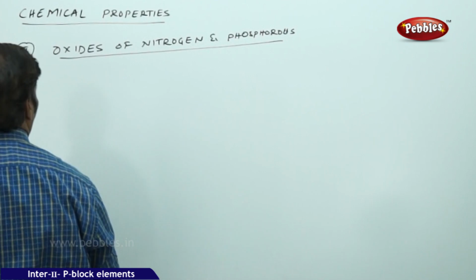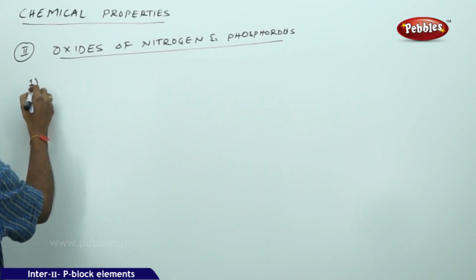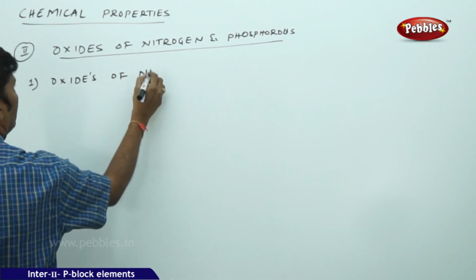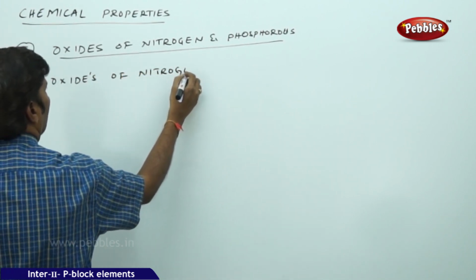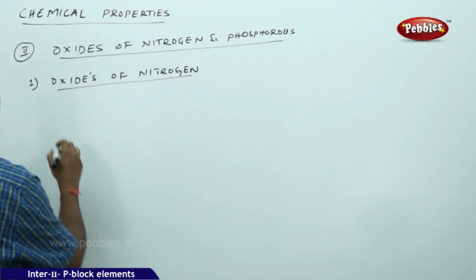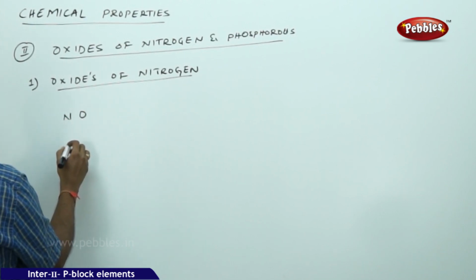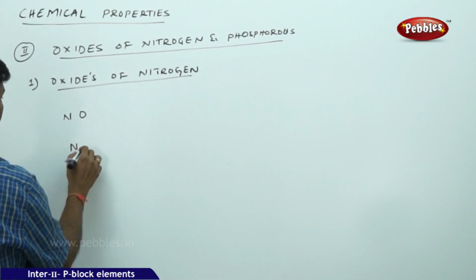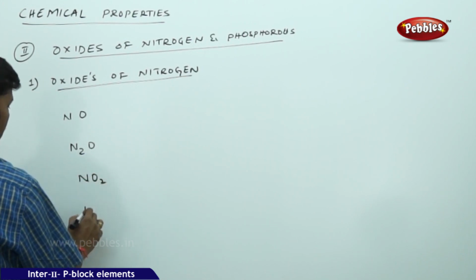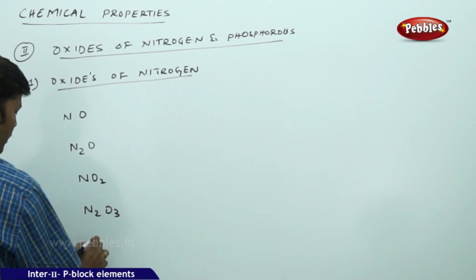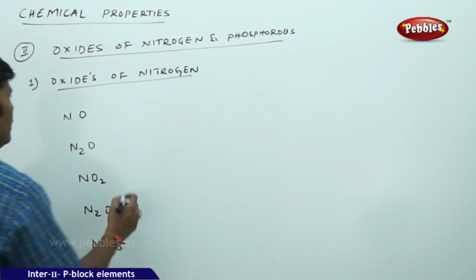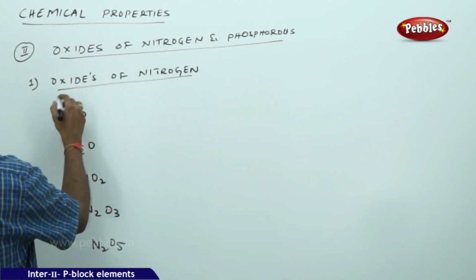If you take oxides of nitrogen, there are 5 important oxides. One is nitric oxide, then nitrous oxide, then nitrogen dioxide, then N2O3 and N2O5. These are the different oxides and their respective names.